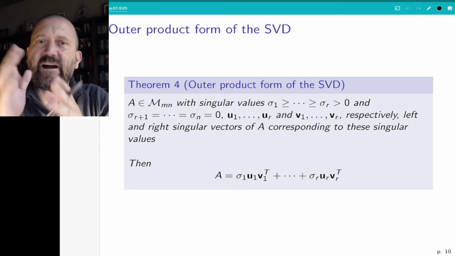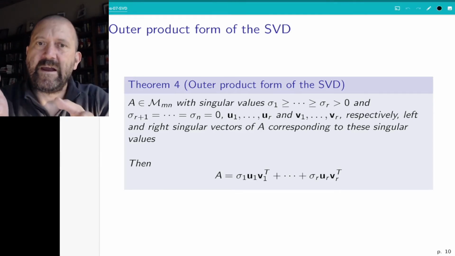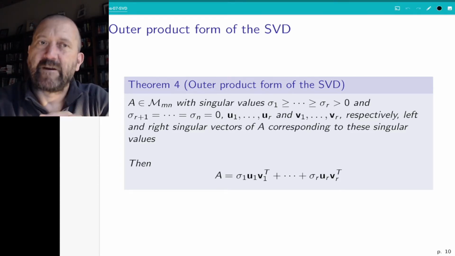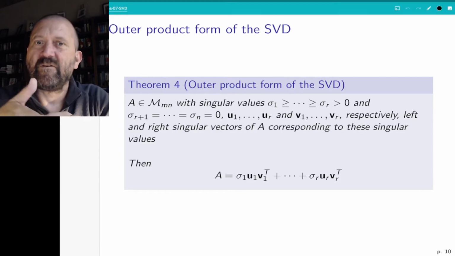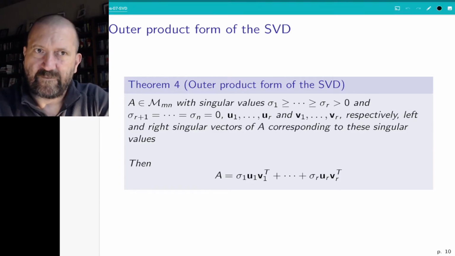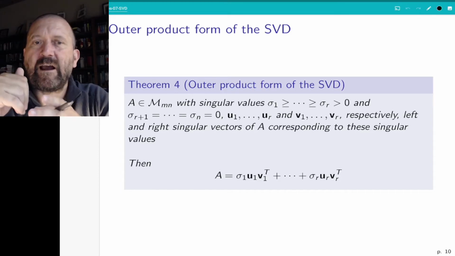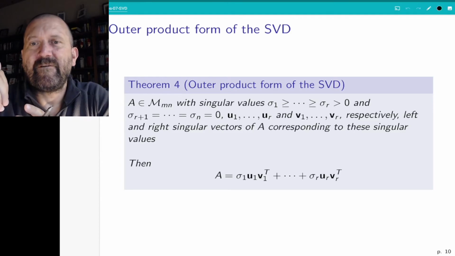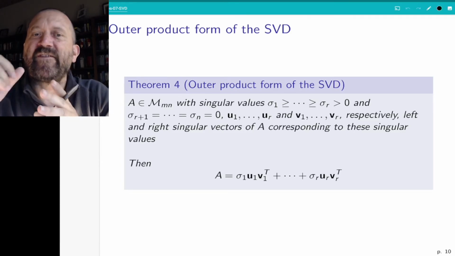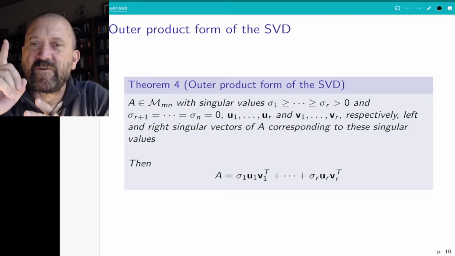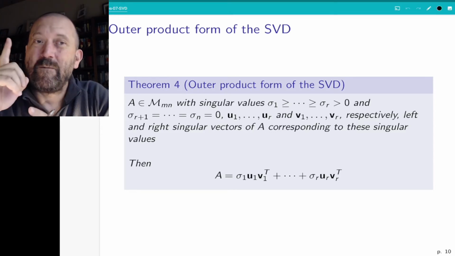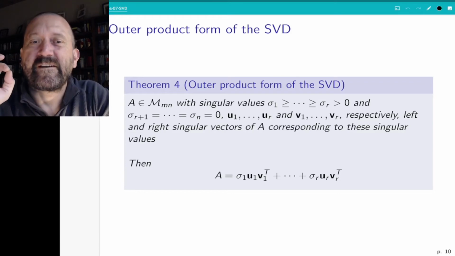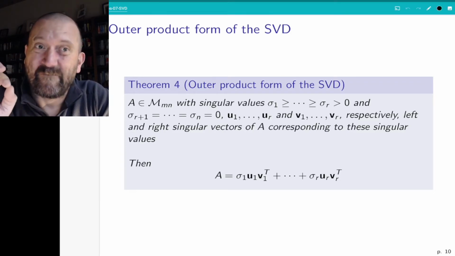Suppose I have a matrix A in Mn, and it has singular values sigma 1 to sigma r that are positive, and sigma r plus 1 to sigma n equal to 0. And I look at the left and right singular vectors of A corresponding to the singular values that are positive.